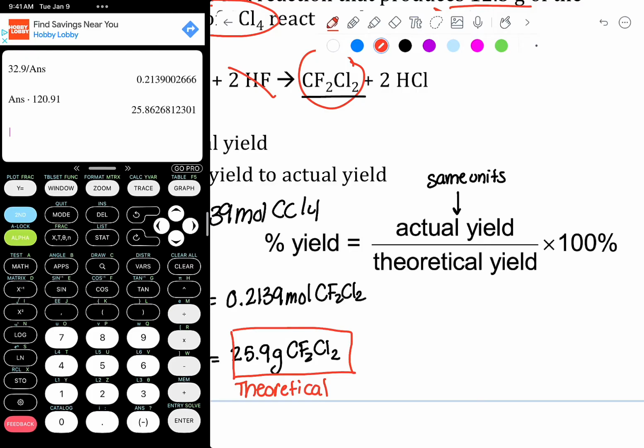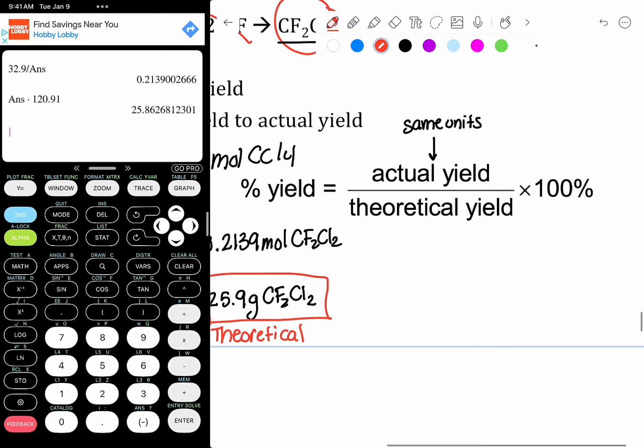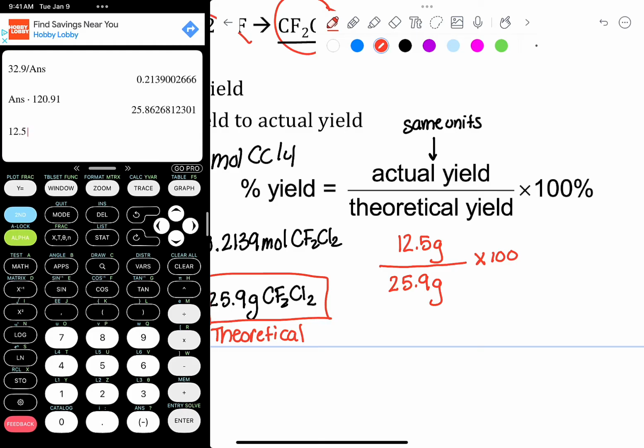So we take the 12.5 grams, that's our actual yield, and we divide it by the 25.9 grams and multiply by 100. So we take 12.5, divide it by 25.9, we multiply that by 100.